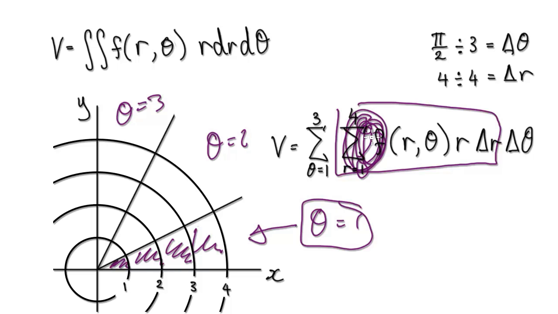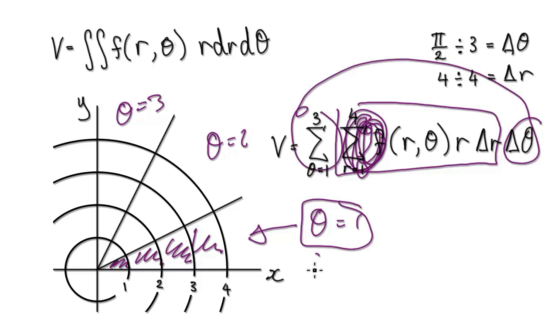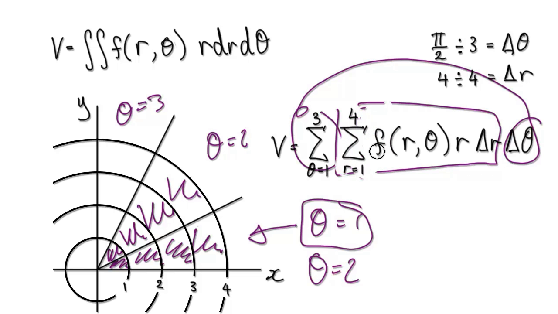Now all this is done. Go back to the outer integral, and then consider theta equals 2. That's this angle here, and then loop around again 4 times: 1, 2, 3, 4. And don't forget, each time you loop around, this thing here jumps to the surface.